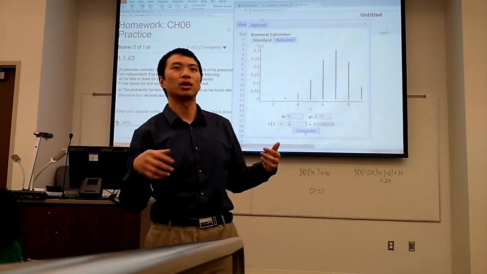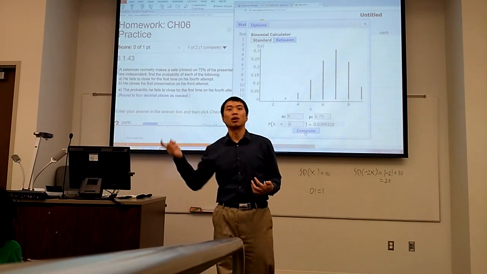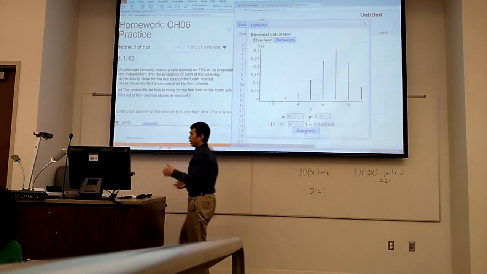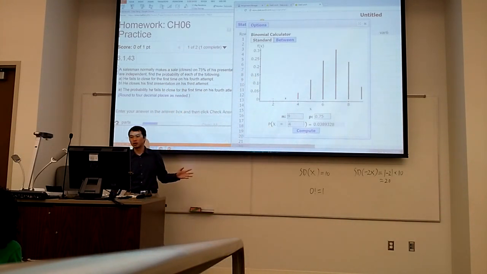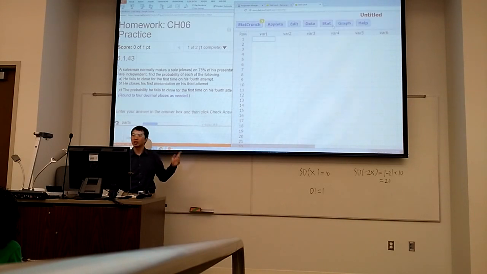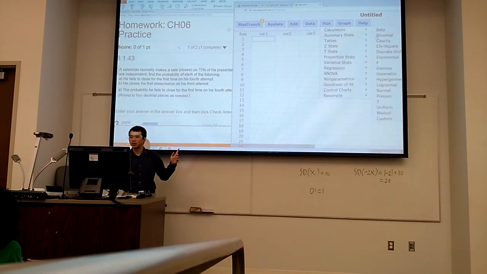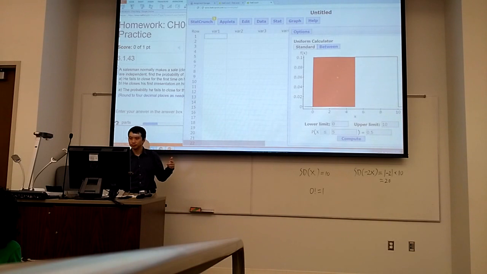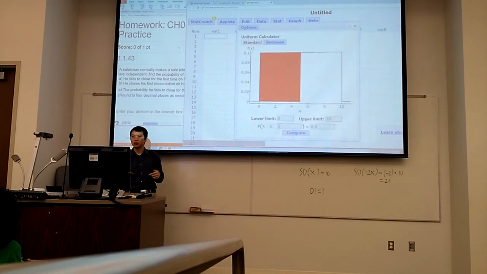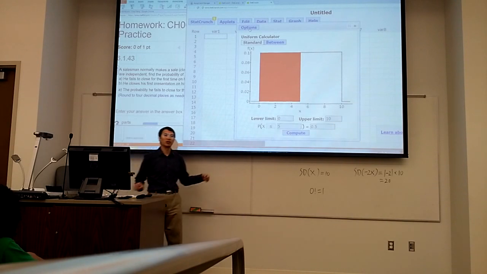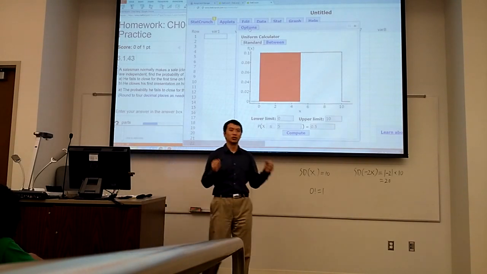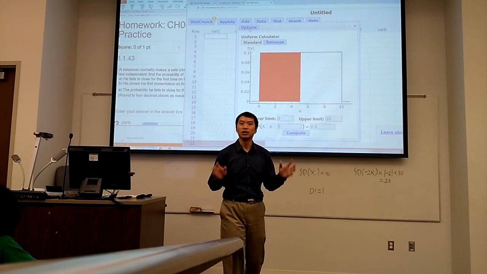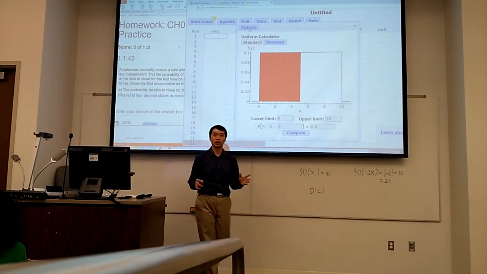So if you know we are talking about some of the models, we can use the calculator in the stat function. Another one we didn't talk about is the uniform. You see there's a uniform, right? However, this is for the continuous uniform distribution, not the discrete uniform distribution.